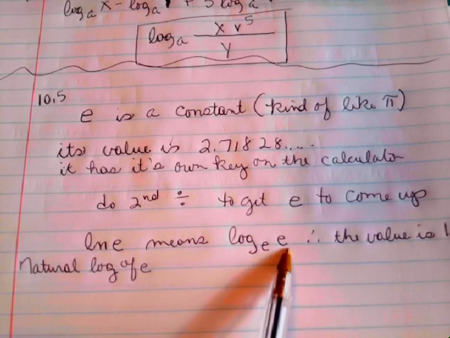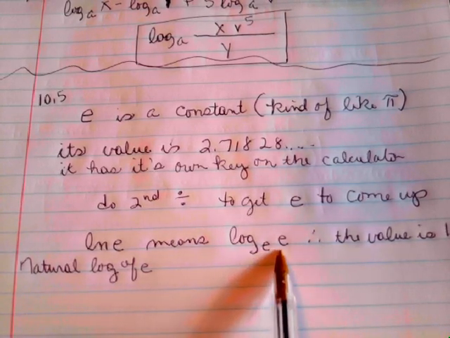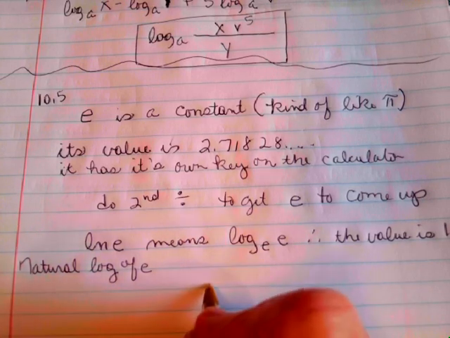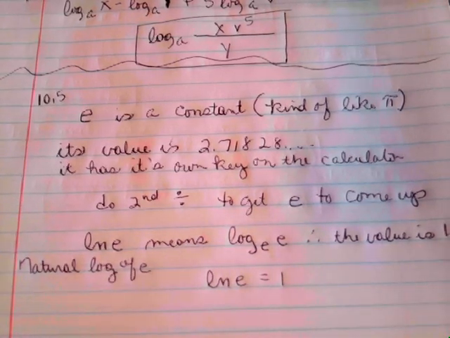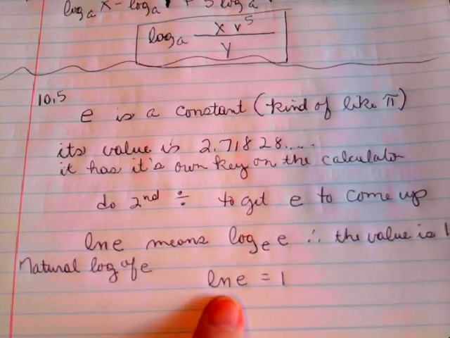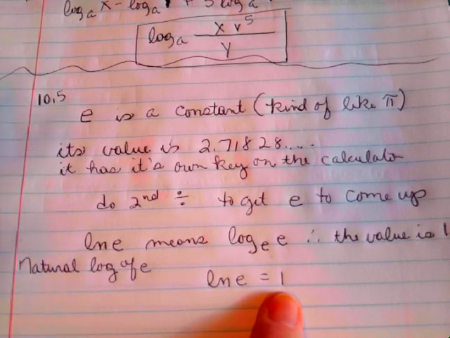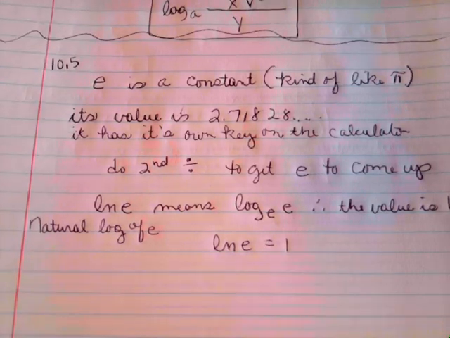Well, that's obviously 1. So the value of log E of E is 1. The value of natural log of E is also 1. So in some of these problems that you will be working, whenever this shows up, you can consider that as the same as 1.